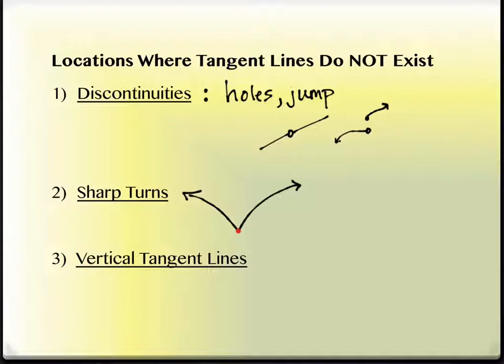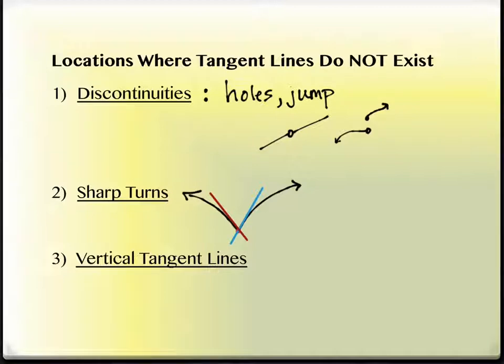On the right-hand side, it would look a lot like these lines, but on the left-hand side, your lines would look kind of like this. So there's no smooth progression of one line turning into the other one. It doesn't work because the curve itself isn't smooth. So any sharp turns do not give you tangent lines.